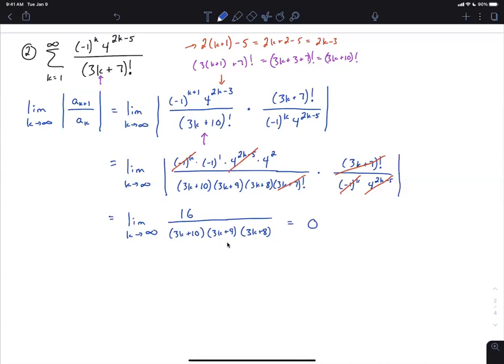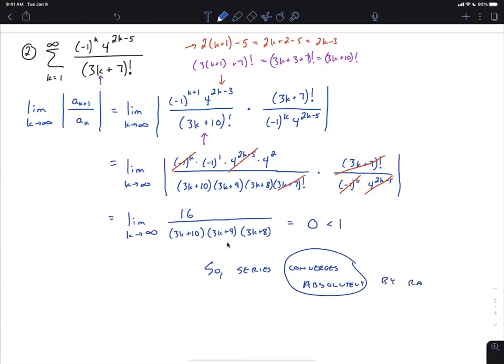Okay, and so for the ratio test, what is significant about that is that 0 is less than 1. So this series converges absolutely by the ratio test.